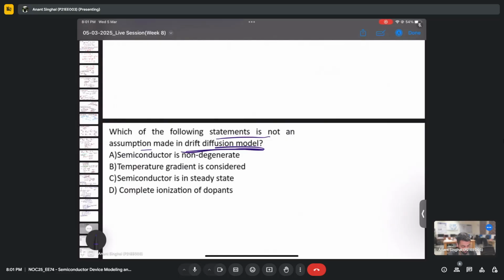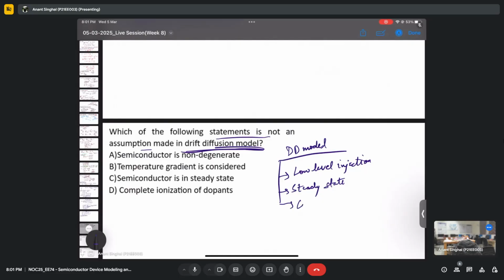I need to explain the drift diffusion model, but we have already seen there are three, four conditions. One is low level injection, one is steady state. The next is the complete ionization of dopants.